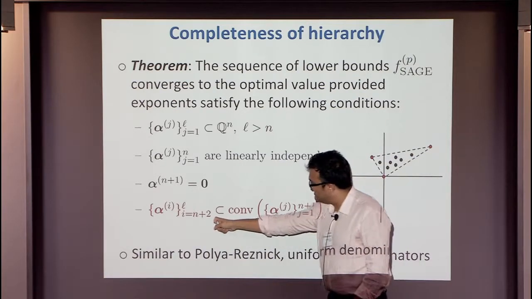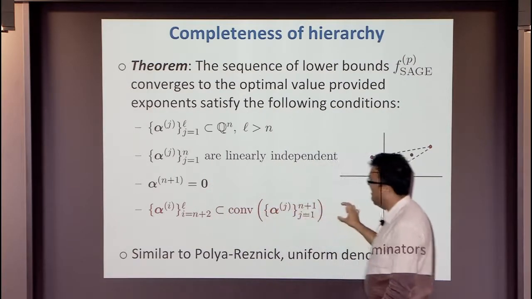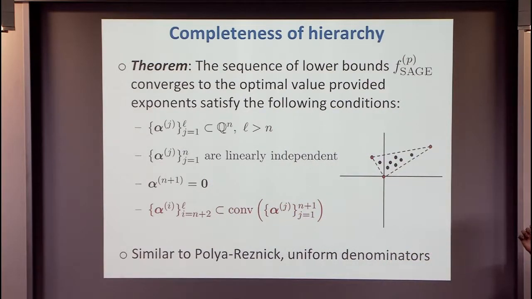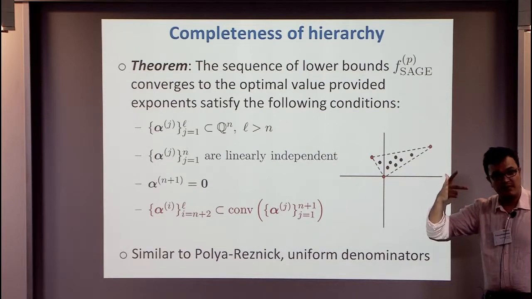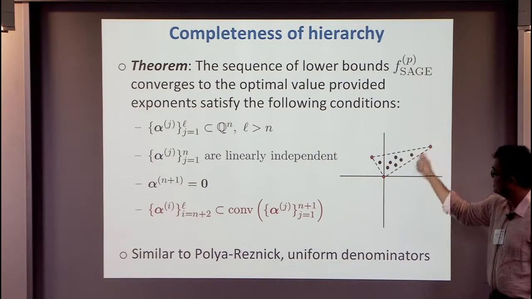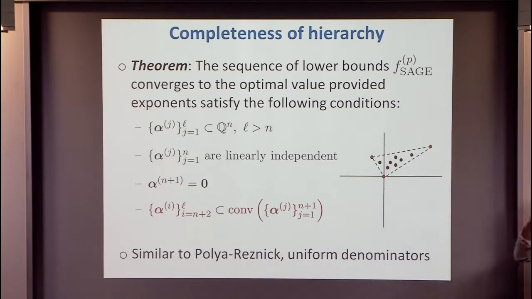But what you need is that the remaining exponents outside of the first n and the 0 are contained in the convex hull of the first n plus 1. Okay? So this is sort of a simple picture in 2 dimensions. If you have a signomial optimization problem involving 2 variables, the first 2 are these ones, then you add 0, and all the other exponents ought to belong in that convex hull.